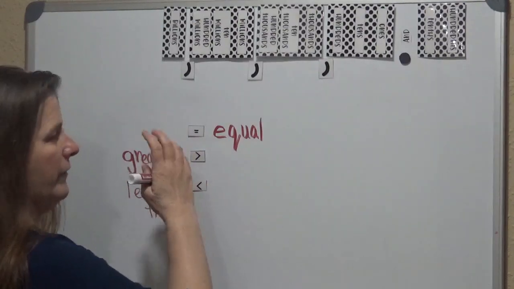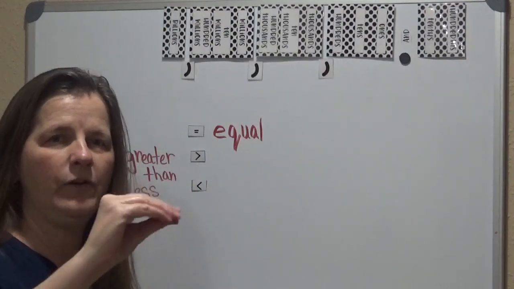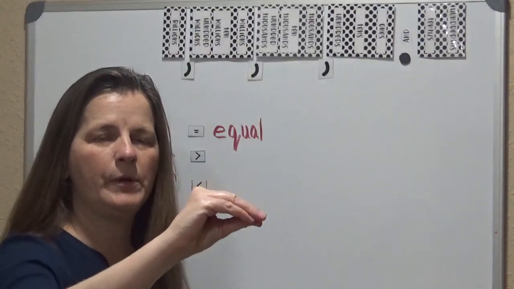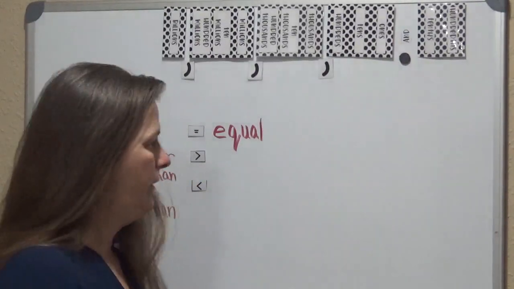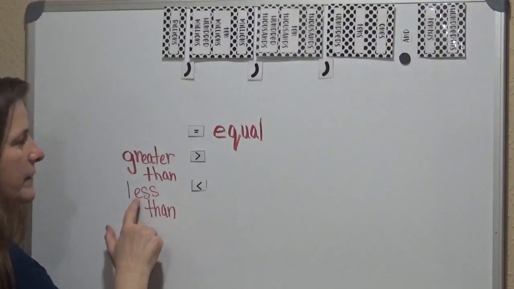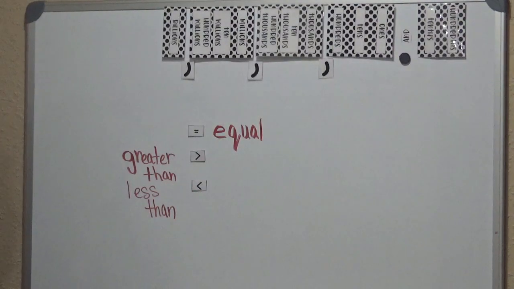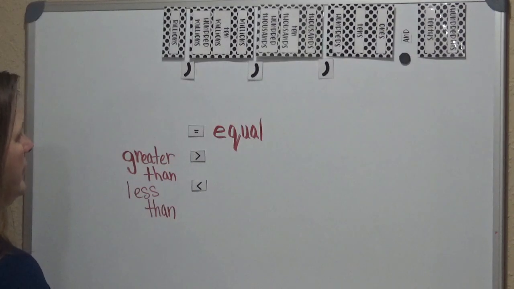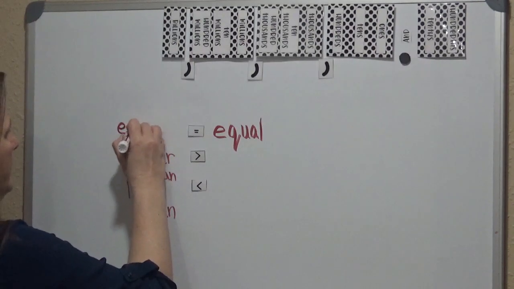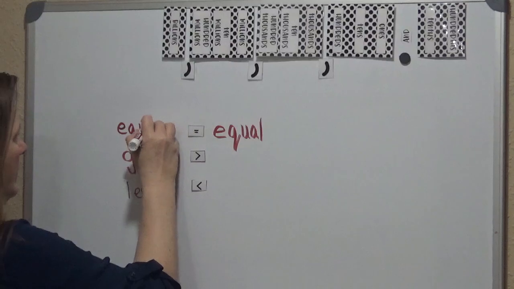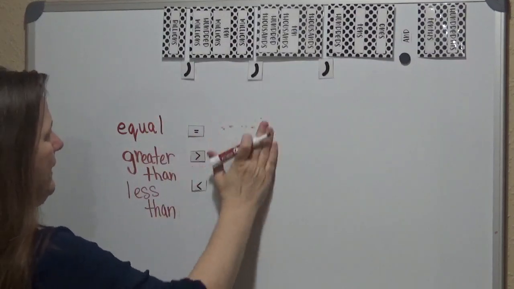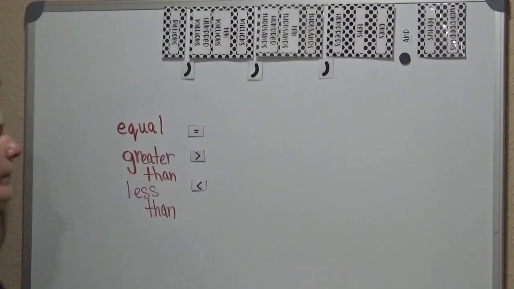And Pac-Man, or the gator, is always going to eat the larger number, and then the pointed part is always going to be pointing towards the lesser number. So now that we've talked about equal, equal means the same amount.